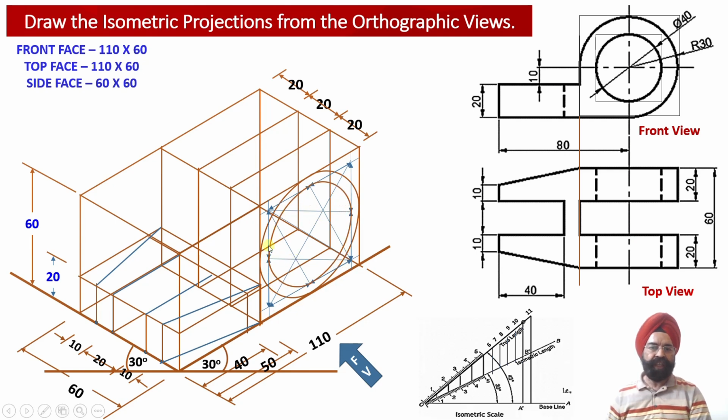The first arc using this center has been drawn, then the second, the third, and the fourth arc. This way the inner circular projection, appearing like an ellipse in the isometric projection, has been obtained.